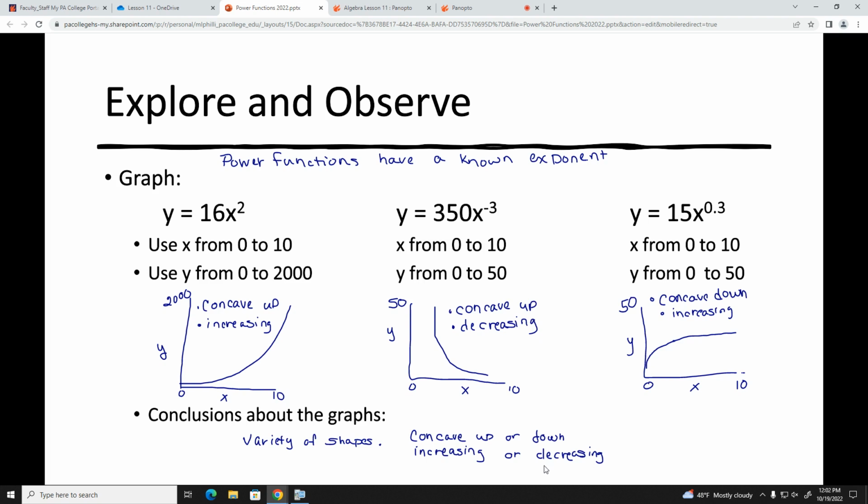Now, there is a connection between the known power or the known exponent and the graph. So this first graph where it's concave up and increasing, this would go with positive exponents, specifically, exponents greater than 1.